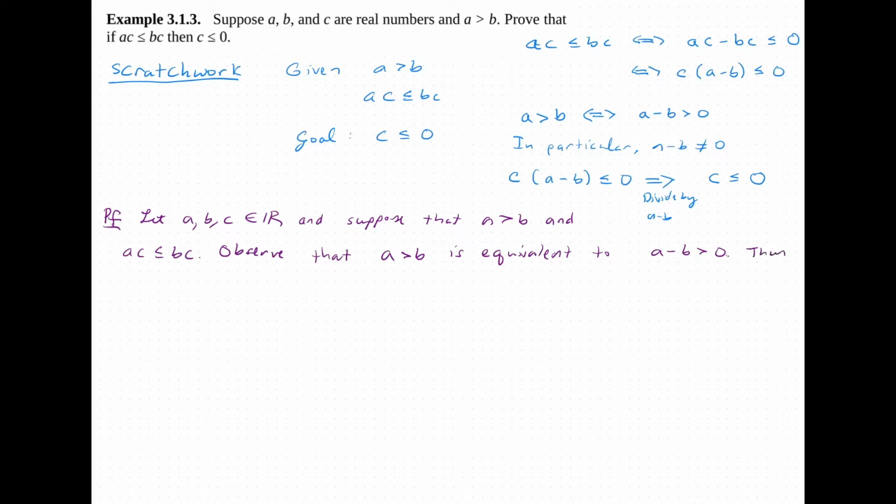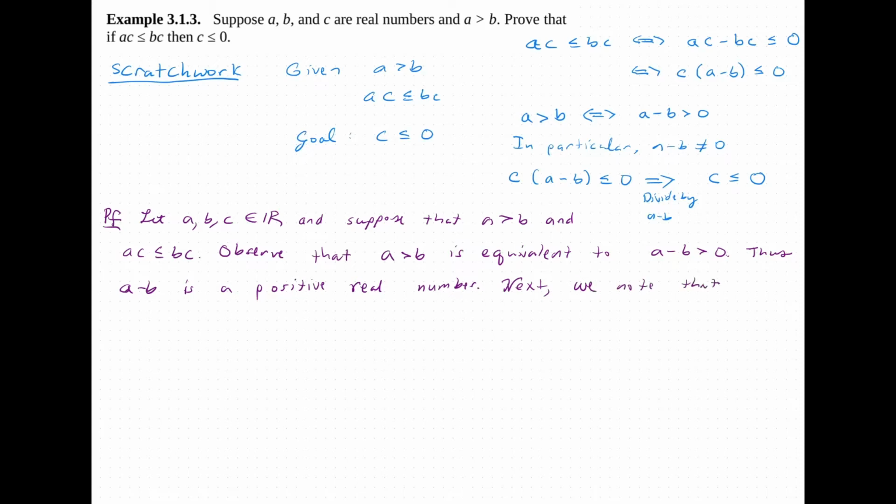Thus, A minus B is a positive real number. Next, we note that AC, and so now we go down to an equation.